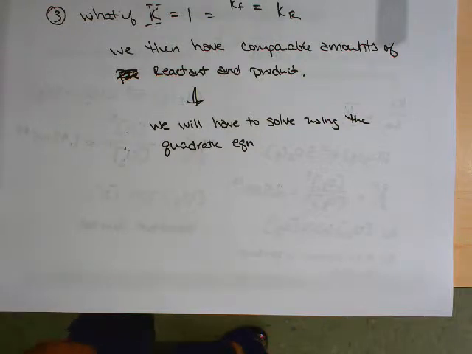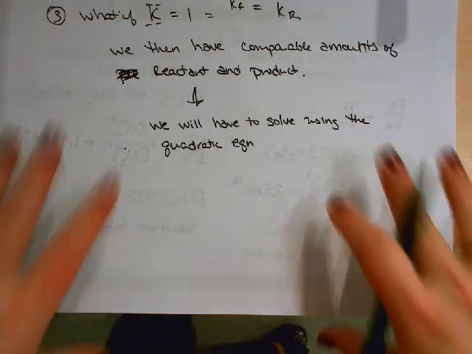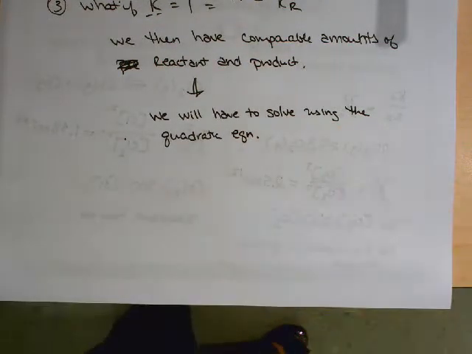Negative b plus or minus. This is where having a fancier calculator is a good and bad thing, because you can't use them on the final. So you'll have to get used to using a regular calculator and plugging it all in. Minus b plus or minus square root of b squared minus 4ac over 2a. Yeah, good times. So we'll have to solve for those concentrations using the quadratic equation, right? With all those squares and whatnot, we'll sort it out.